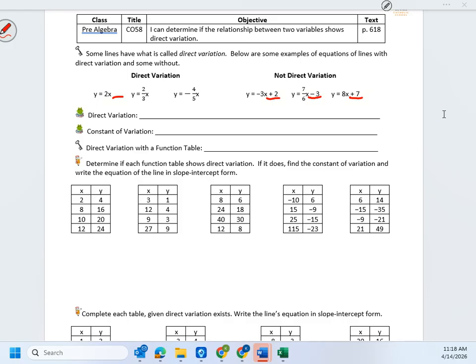So, vocab words. Direct variation is a proportional, we've worked with proportions, so it's a proportional or direct relationship from y to x.